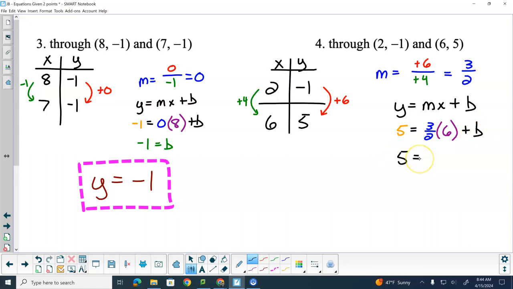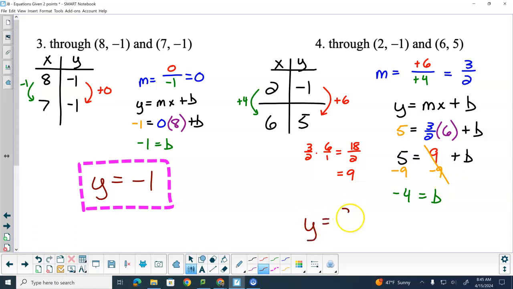That should be 9 there. 3 over 2 times 6 over 1 is 18 over 2, 9. Plus b, subtract 9, gives me negative 4. So y equals 3 halves x minus 4.